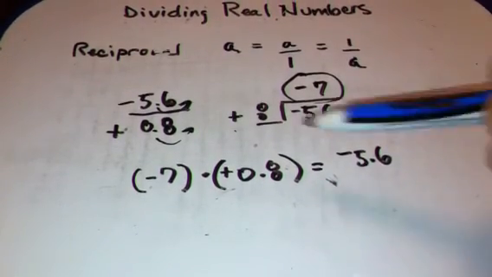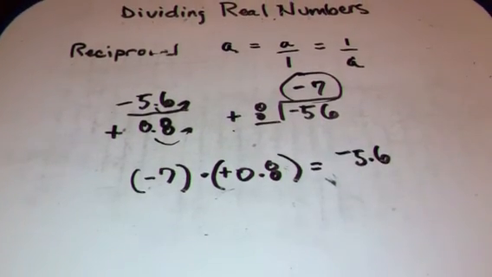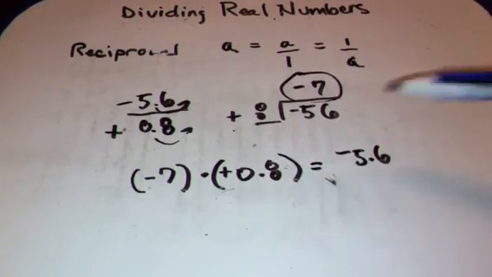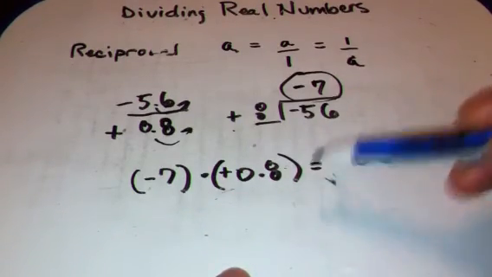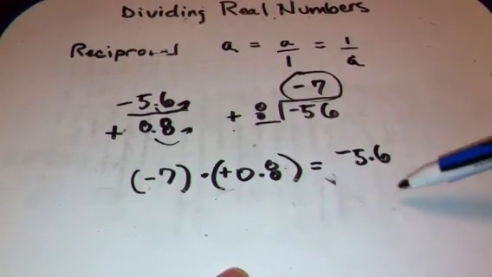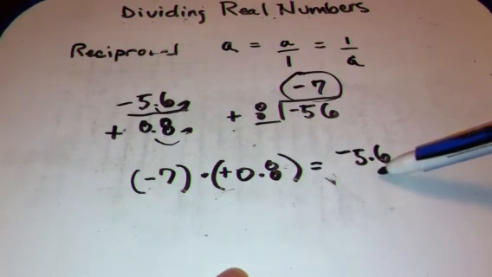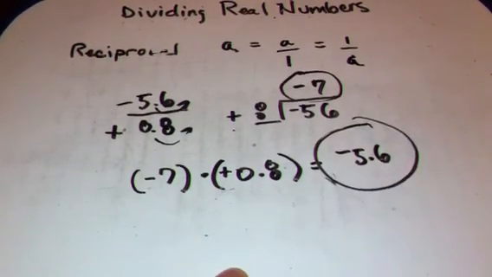Now, if you were going to move the decimal over, it would have been negative 7 times a positive 8. But every time you do something like that, when you move the decimal over to multiply, you're going to have to move it back, because what you would have gotten would have been a 56, and it's wrong. You need to move that decimal point back over to get your negative 5.6.